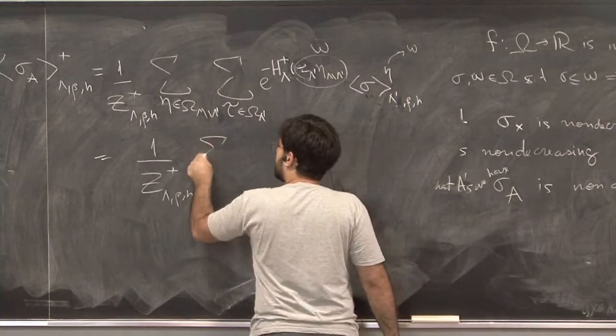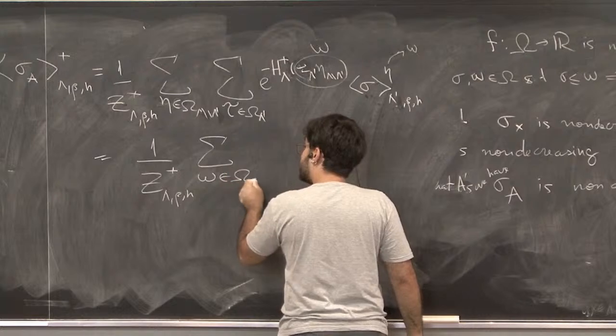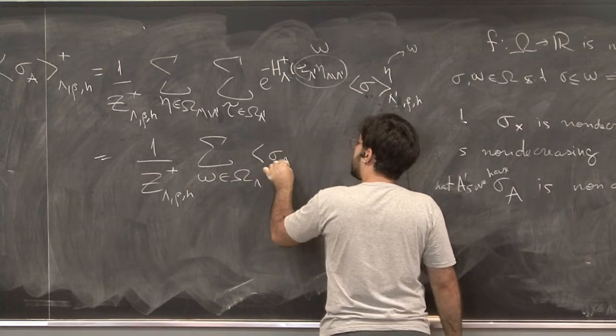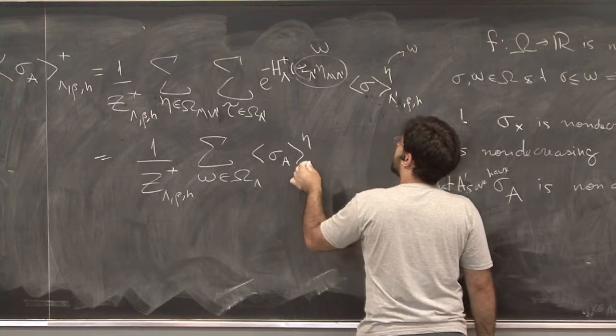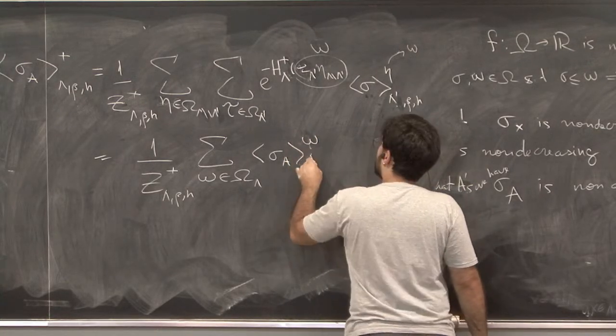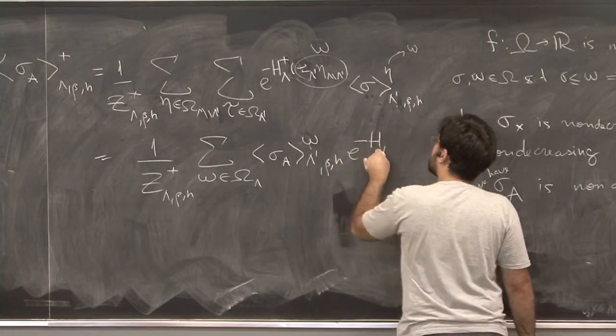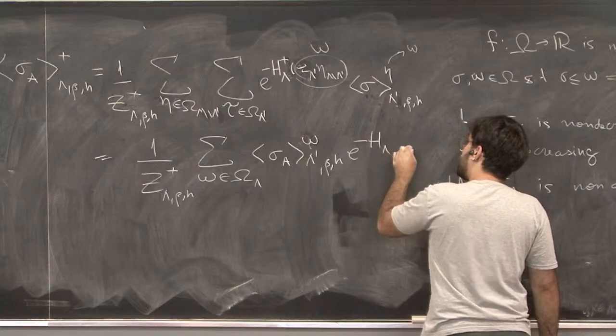So this is the sum over all the configurations, of A at omega, lambda prime, beta, h, times the exponential of the Hamiltonian in lambda, beta, h, omega.